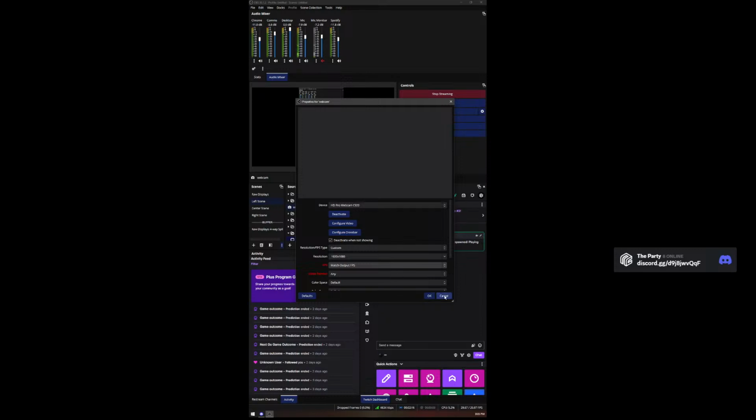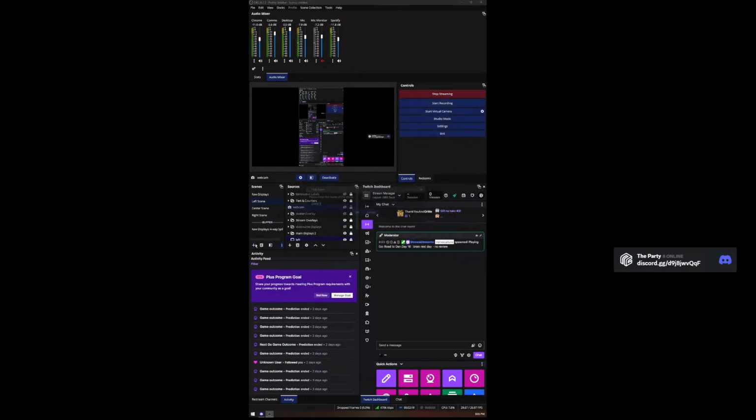Configure crossbar. Okay, what if we do this? Add, cancel, add video capture device. Webcam 2. Oh, wait. Oh, it's just off screen? I noticed this one's way up here. What if we did this?